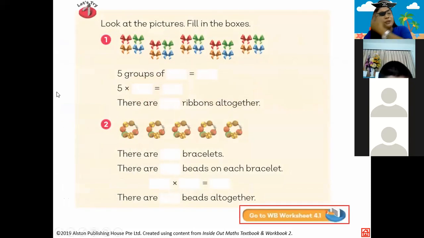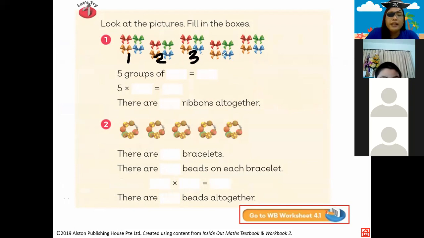Okay. All right, now let's proceed to the next one. Here, let's try to answer this one. Look at the pictures, fill in the boxes. Now, how many groups are there in number 1? How many groups? 5. 1, 2, 3, 4, and 5.